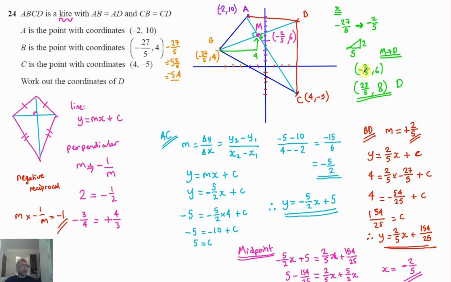We worked it out to be 5. Work out the difference between your y coordinates, which we worked out to be 2. And then you can either go from B and double that, so go 10 across and 4 up, or you can just start from M and go 5 across and 2 up, and that will work out your coordinates of D. Hope that helps.